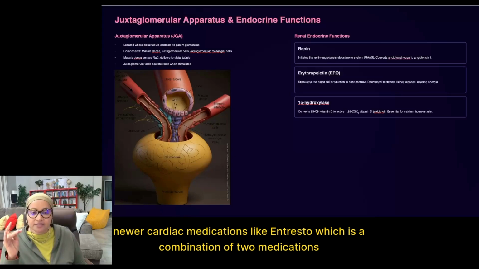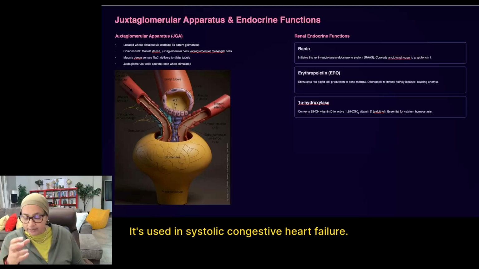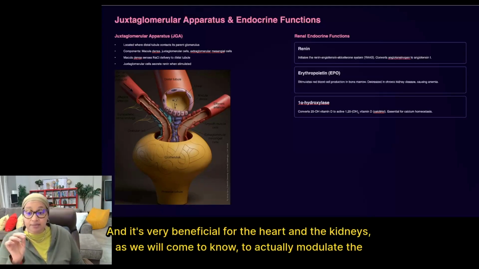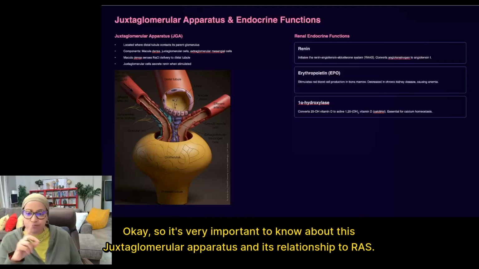There are newer cardiac medications like Entresto, which is a combination of two medications, an ARB and another medication. It's used in systolic congestive heart failure. Even Aldactone, spironolactone, and its family target this system. It's very beneficial for the heart and the kidneys, as we will come to know, to modulate the function of this system, mostly suppress it down. So it's very important to know about this juxtaglomerular apparatus and its relationship to RAS.